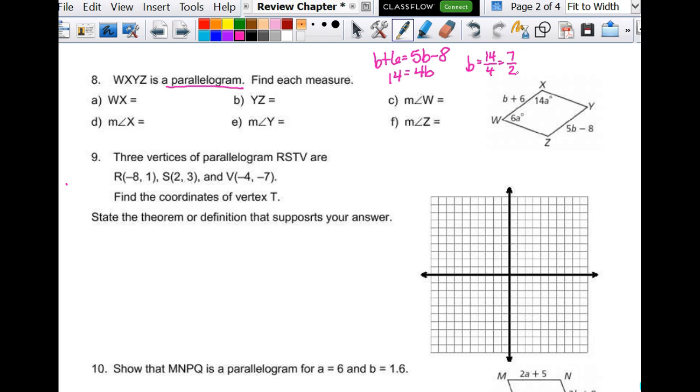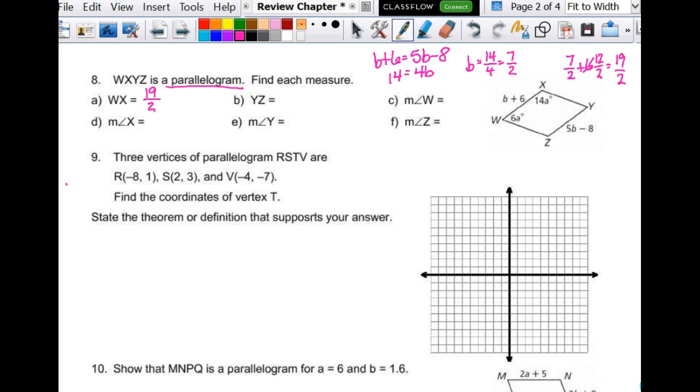But I'm looking for WX, so I have to add that 7 halves to 6. So 7 halves plus 6, which is really 12 over 2, is going to give me 19 over 2. So the length of WX is 19 over 2. My reason would be, if it's a parallelogram, then the opposite sides are congruent. That's what allowed me to set it up initially.